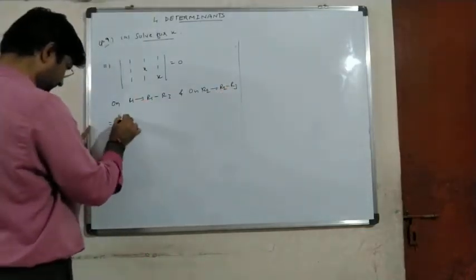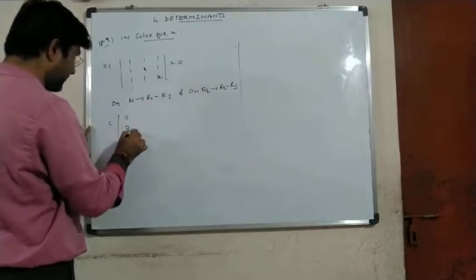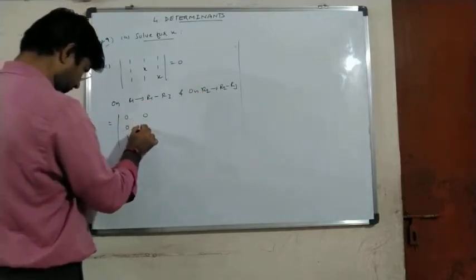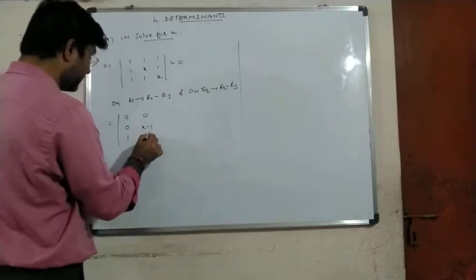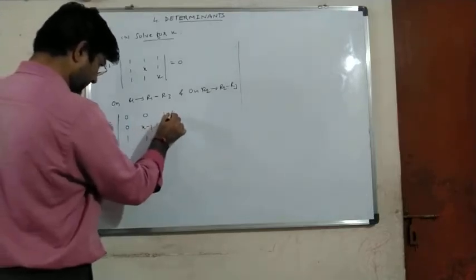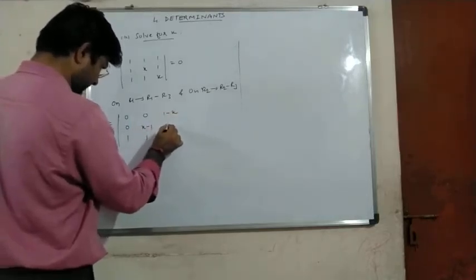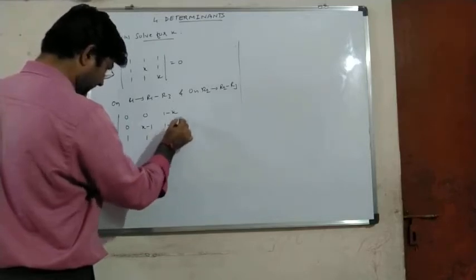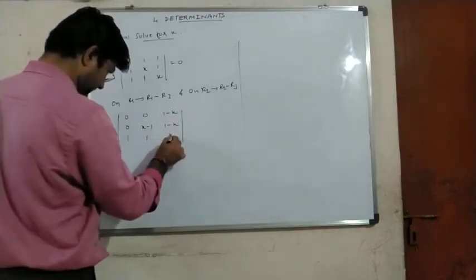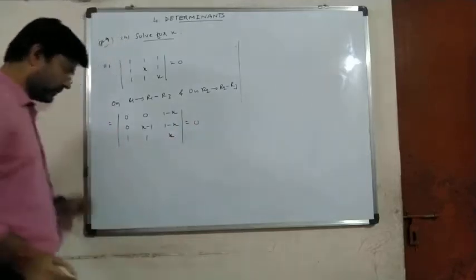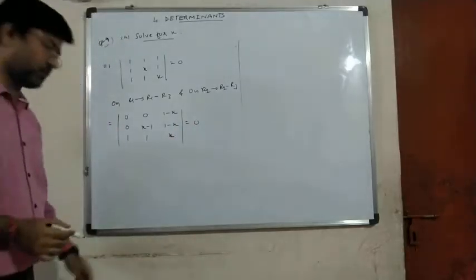So we will get 0 0 1, then 0 x minus 1 1, then 1 minus x, 1 minus x and x, equal to 0. Now we can expand along the first row or first column.